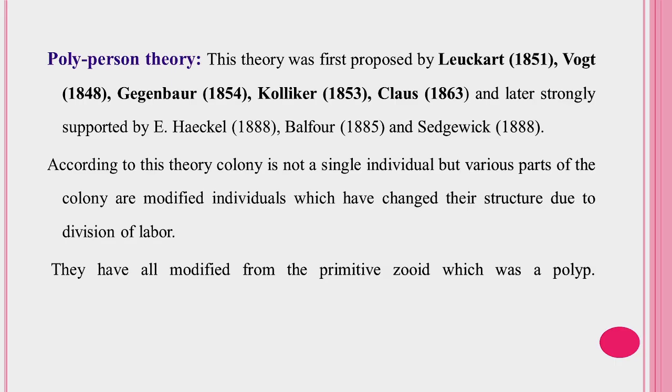According to this theory, a polymorphic colony is not a single individual because it consists of various parts modified into individuals, and they may change their structure due to division of labor and the requirements of the body. They have all been modified from the primitive zooid called a polyp. From a single polyp, due to the requirement of bodily activities, they may be modified into different zooids.